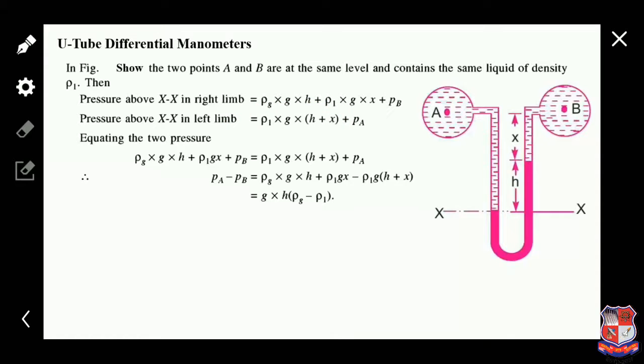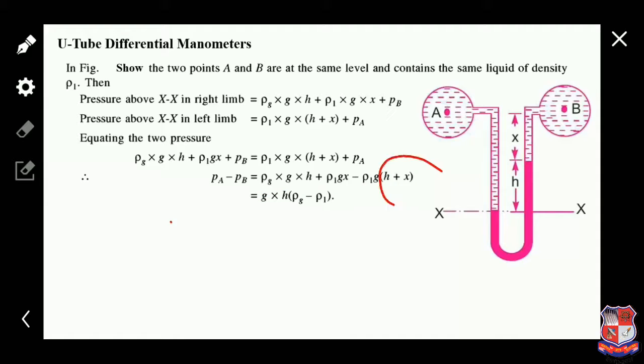Now equating the pressure on both sides, we have to find the difference of pressure between the pipes. So PA minus PB is equal to rho g g h plus rho 1 g x minus rho 1 g (h plus x).